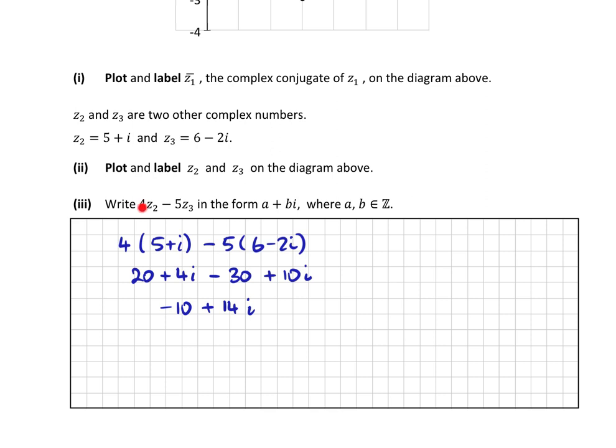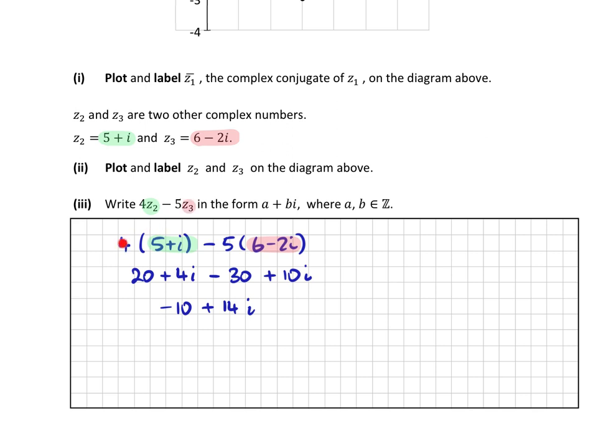So 4 times Z2, and you can see there Z2 is equal to 5 plus i. So instead of saying Z2, I'm just going to put in the 5 plus i. And instead of saying Z3, I'm just going to put in the 6 minus 2i. So this expression is the exact same as this here. The only difference is that I filled in the value of Z2 and Z3.